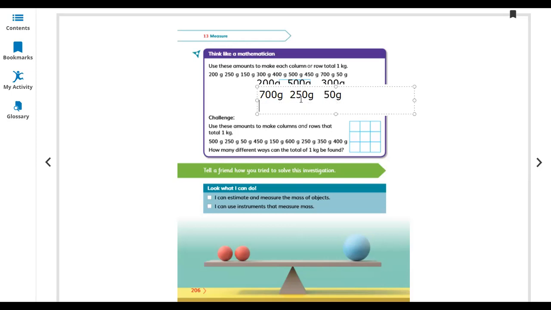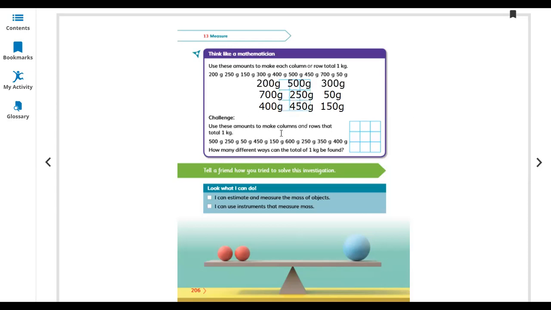The third, you can use 400, the remaining 400, then 450, and the last is 150 gram. 4 plus 4, 800, 850, 900, and 1000.